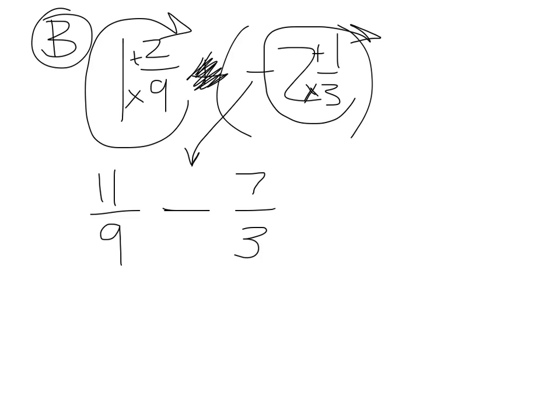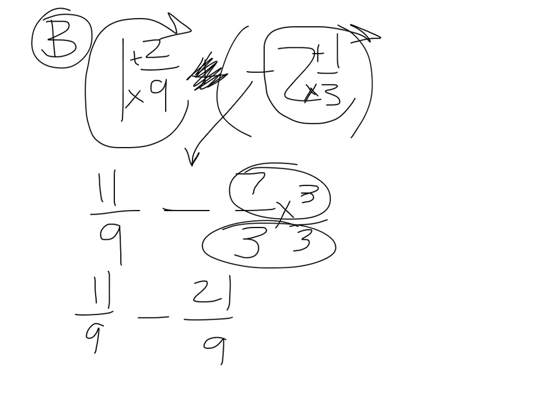So we're going to subtract on this one. We got to get common denominators again. The only thing you would need to do here is times the second one by 3/3. So that gives me 11/9 minus 21/9. And now subtract. So 11 minus 21 is -10. Bottom stays the same, so that's one answer.